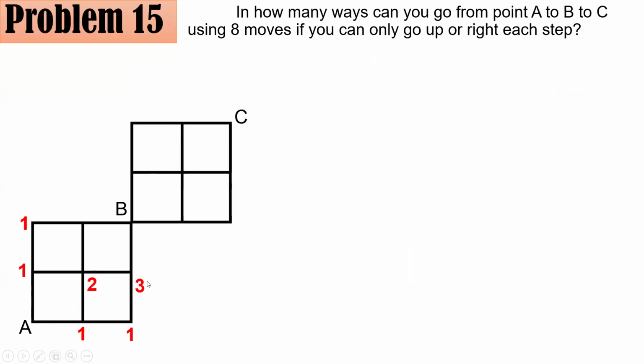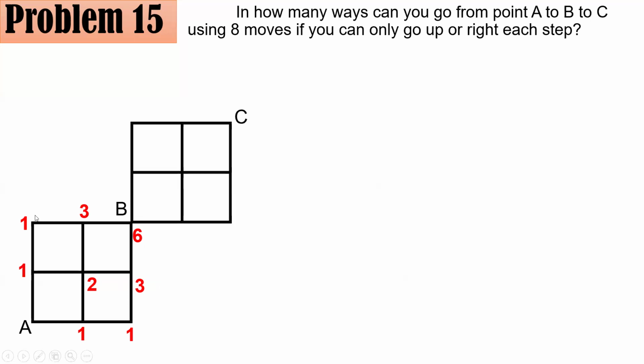So place 3 here. Next, go to the next layer. 1 plus 2, 3. And 3 plus 3, 6. So place it here. In other words, if you go from A to B, it will take you 6. There are 6 possibilities in all.